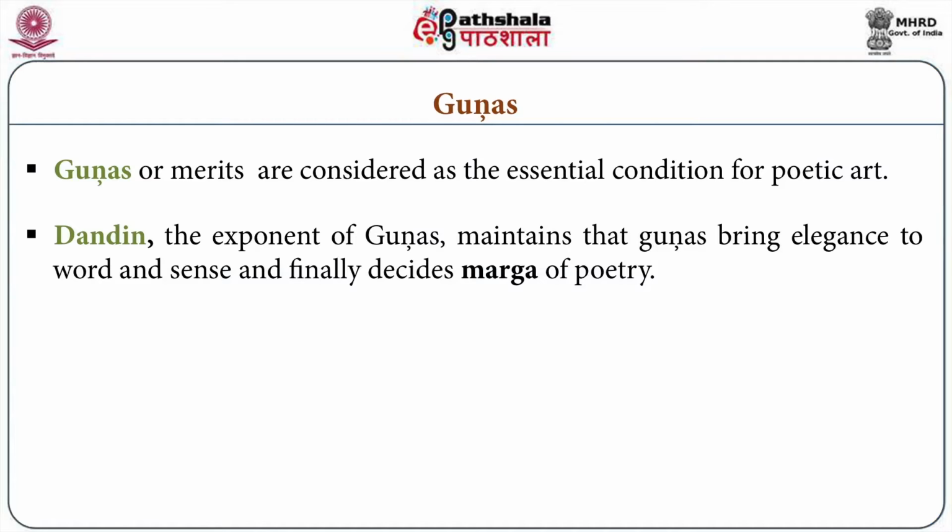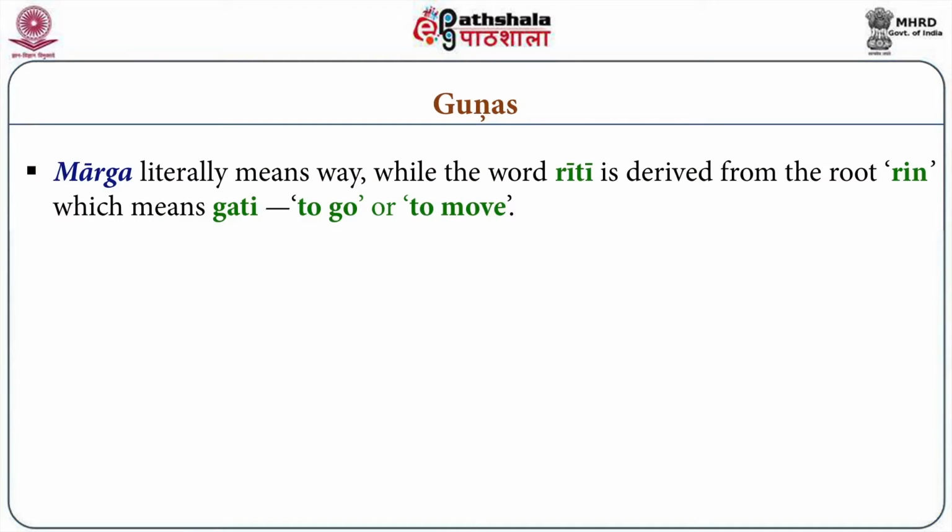Dandin was the first to talk about merits as the essence of poetic speech or literary art. On the basis of merits, he says it is the marg that a poet chooses to write on. What is a marg? Marg is that which is decided by gunas. So a poet chooses his own marg to move on.